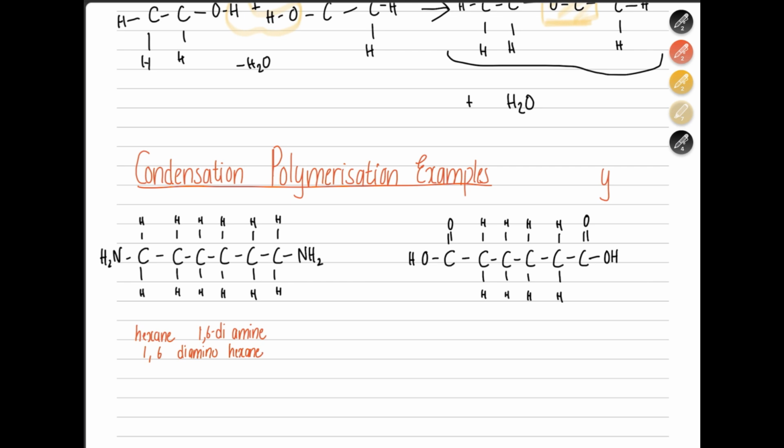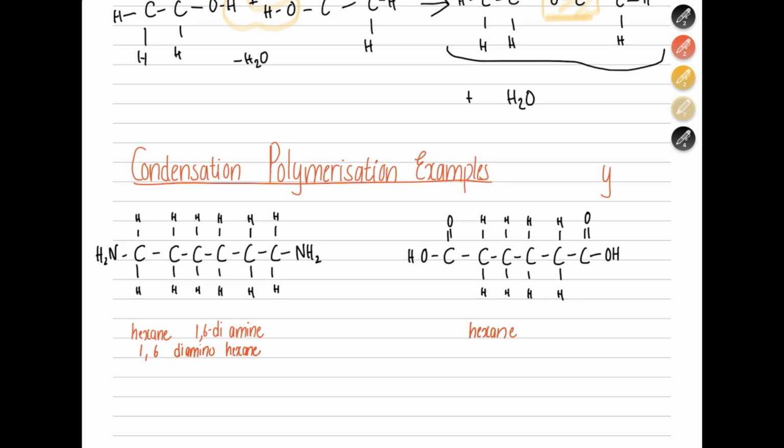On the other hand, we have a carboxylic acid. It has two carboxylic groups on both sides. It's a 6 carbon chain, so it's hexane. And then we have two carboxylic groups, so we don't call it carboxylic acid, we call it dioic acid.